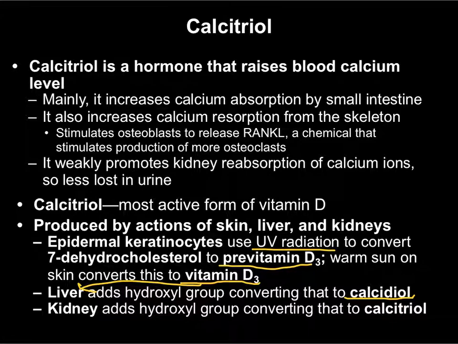It's also not a very active form of vitamin D. Calcidiol then goes to the kidneys, where another hydroxyl group, a third hydroxyl group, is added, and that converts calcidiol into calcitriol. Ol is the chemical signifier for an alcohol or hydroxyl group. So calcitriol means that it has 3 hydroxyls.